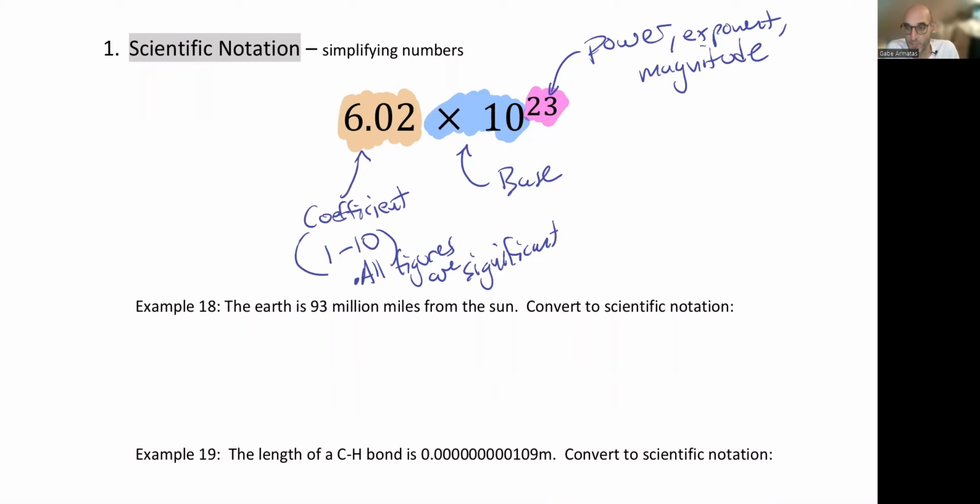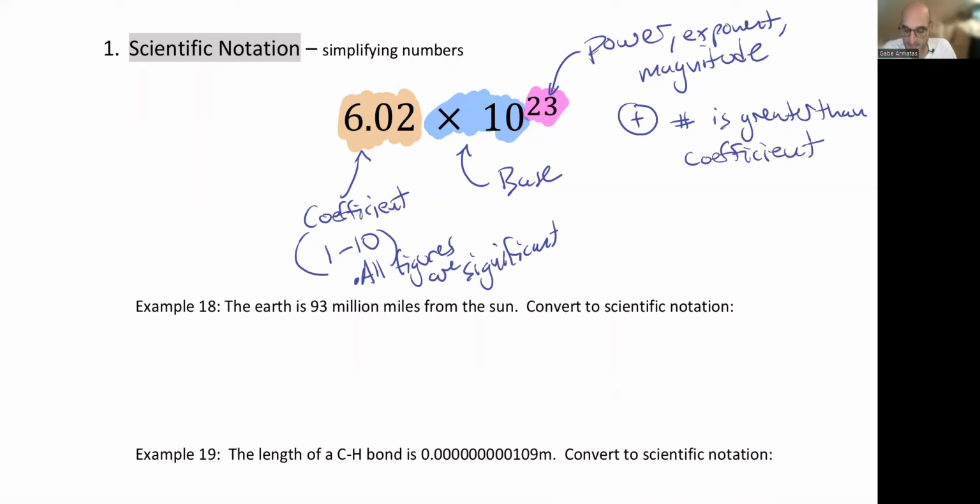So life is pretty simple in terms of how we determine these things. When the power is positive, the number is greater than the coefficient.